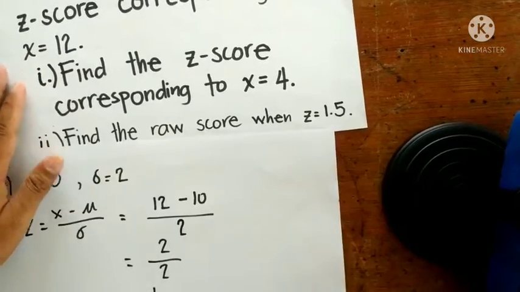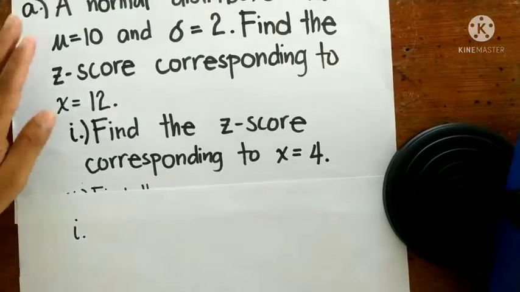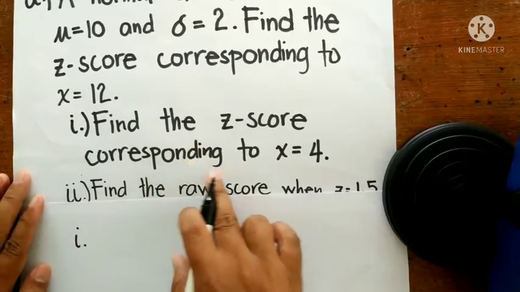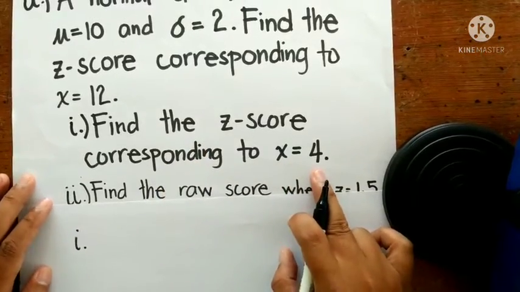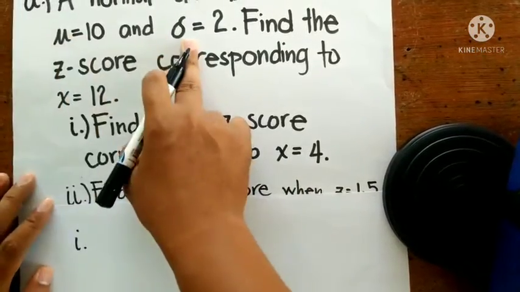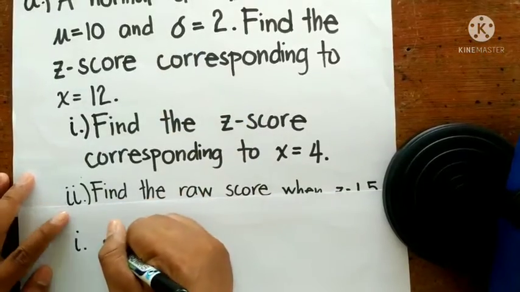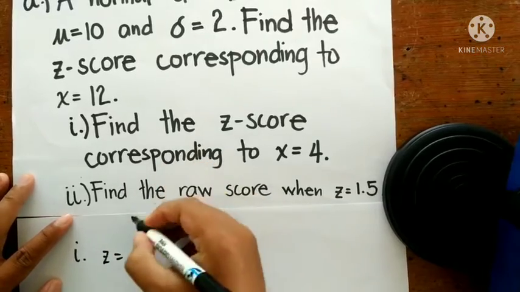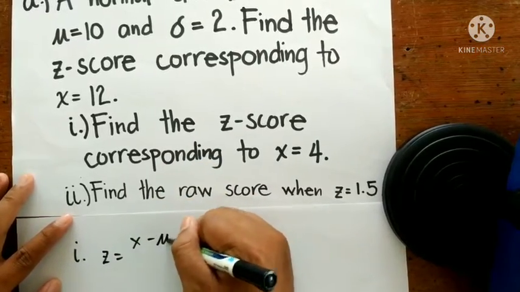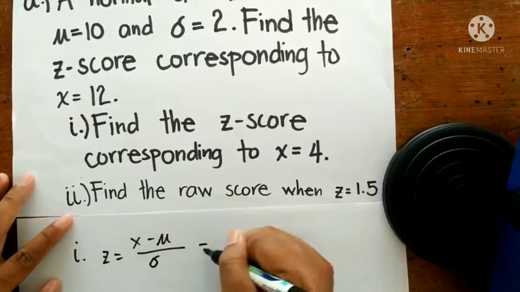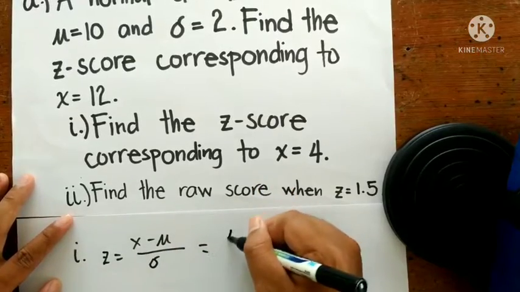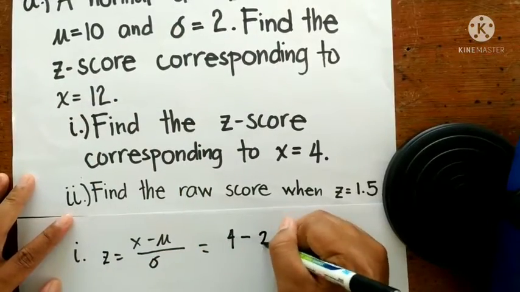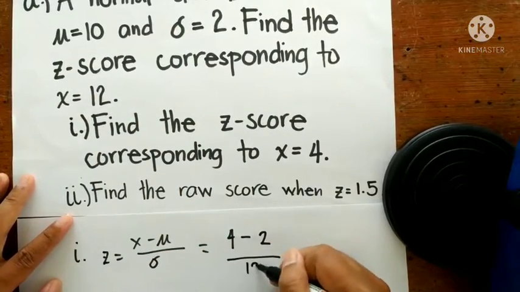Next, we're going to find the z-score when our x is 4. We still have the same mean and the same standard deviation. So z is equal to x minus mu over standard deviation. Our x this time will be 4 minus 10, over 2.